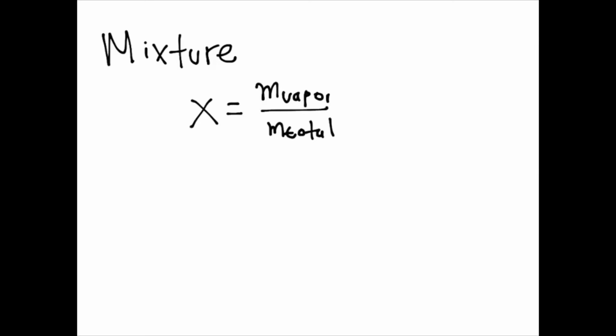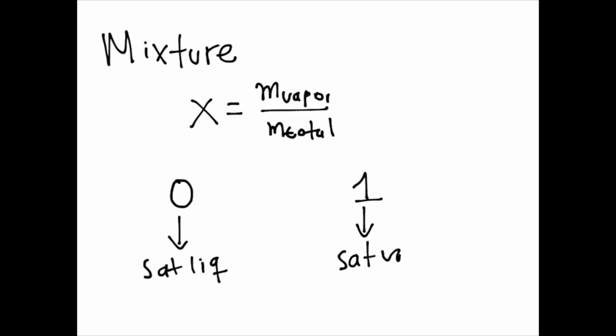The rest is liquid, and this value goes from 0 to 1. If the quality is 0, it means that it's saturated liquid. It cannot be less than that. If the value is 1, it means it's saturated vapor, and in the middle it means you have a mixture.